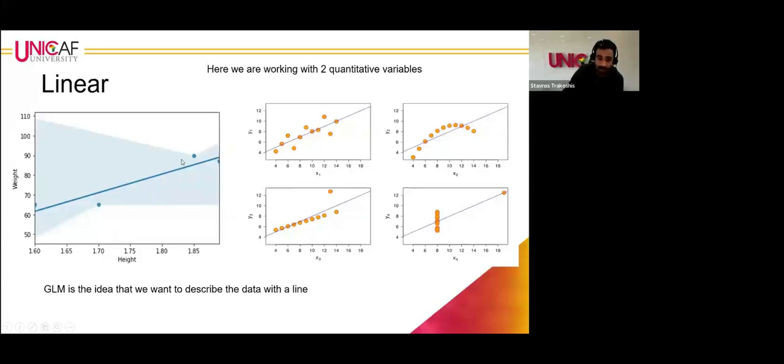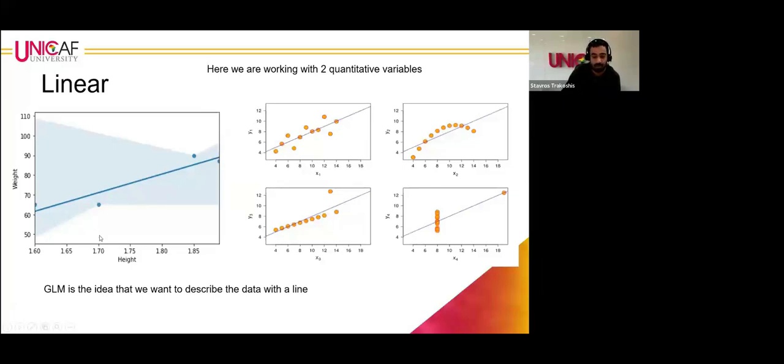And these predictions come with some amount of error. The amount of error here is how far my actual observations are from the line. Because the line makes a prediction even for the data points that I have.